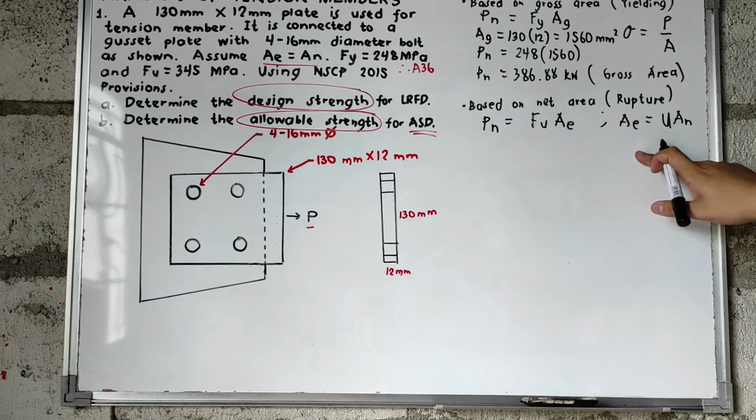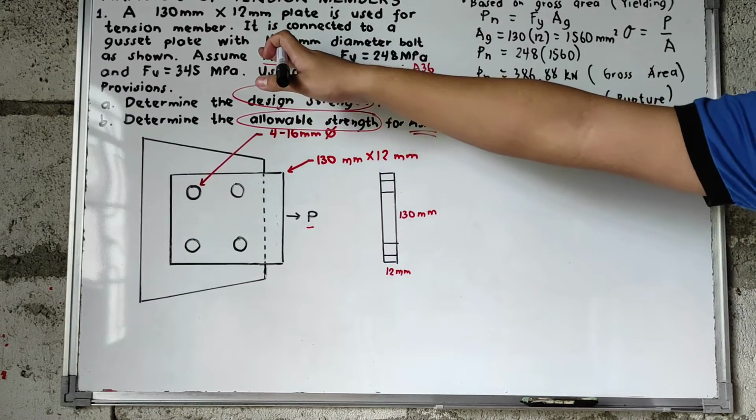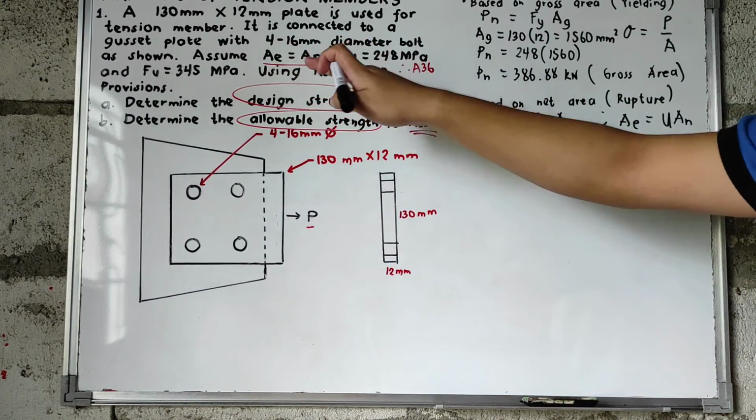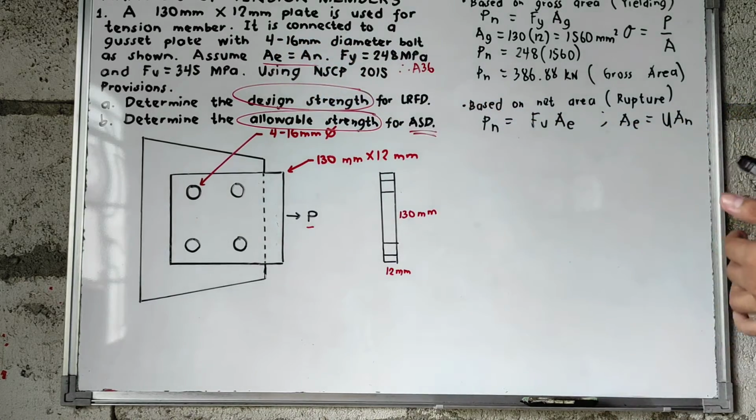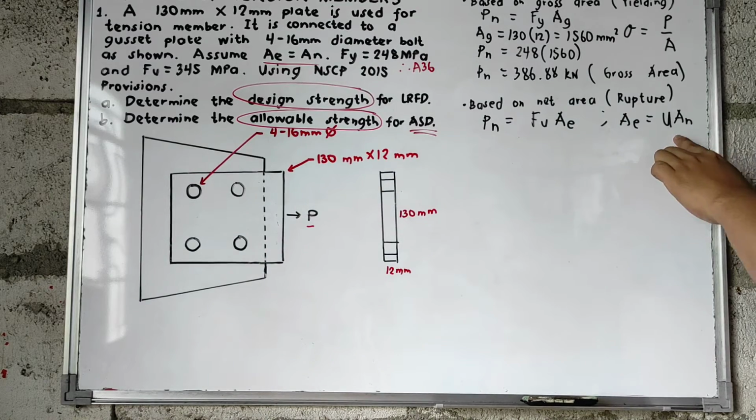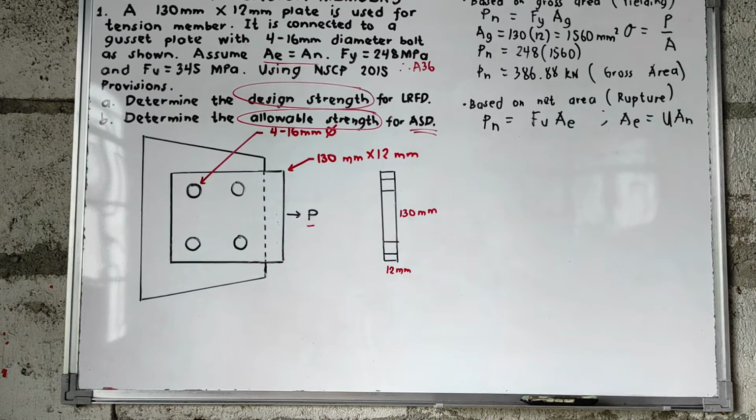So, since dito sa problem natin, sinabi dito na assume that the effective net area is equals to the net area natin. Kaya, hindi na natin kinuha yung value ng reduction factor natin.